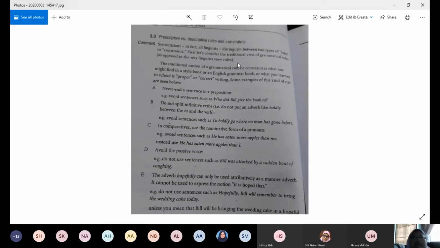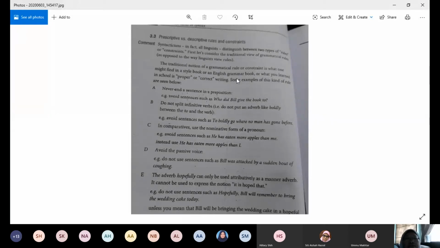So then he talks about rules or constraints. He says the traditional notion of a grammatical rule or constraint is what one might find in a style book or a grammar book. A style book is like what we are doing, or have done, with academic writing. It means how to write your sentences, or an English grammar book.